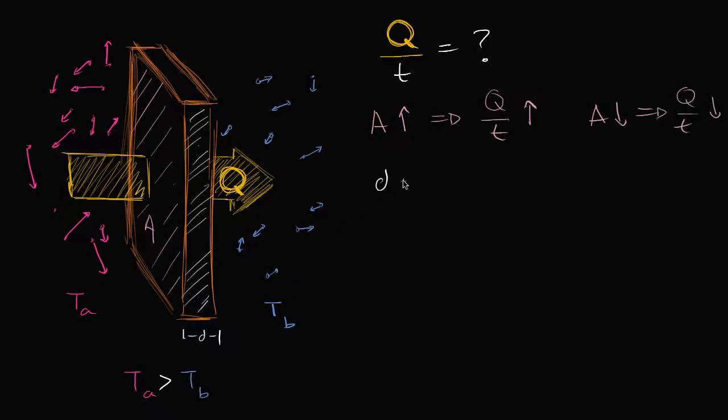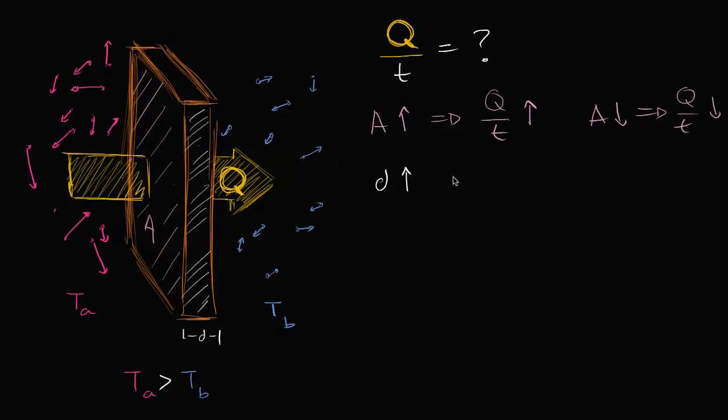Now, what about the thickness? If I were to make this a thicker wall, what would that do to my rate of heat transfer? Well, then I would have more things that I would have to heat up to get it to a certain temperature, which then can heat up the particles on the right. And obviously this is a continuous process, it'll always be happening, but there'll just be more stuff to heat up, and it's going to take longer, and more of that average kinetic energy is going to get dissipated in this wall.